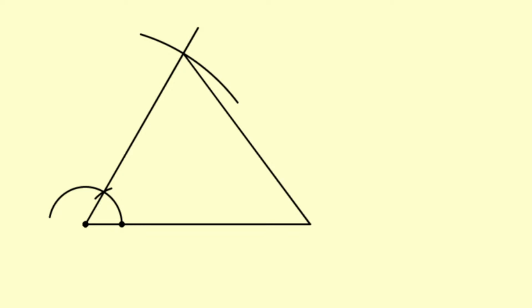The first part of the question says we have to draw a point P which is equidistant from B and C. Equidistant from two points means we have to draw the perpendicular bisector of BC.